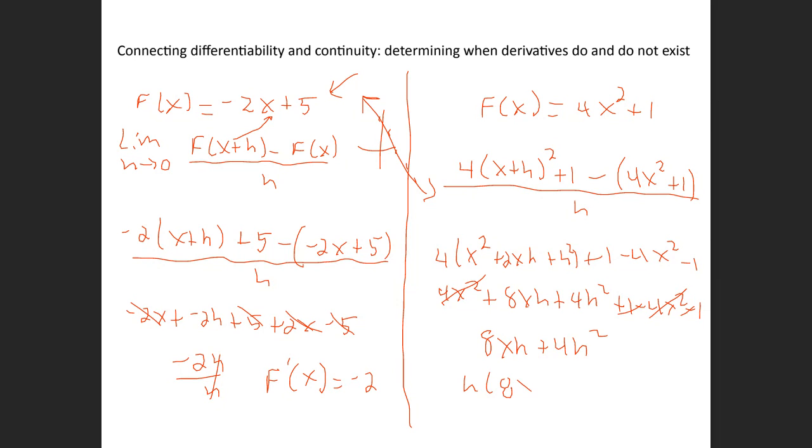So I've got 8x plus 4h, as the limit as h approaches 0. Well, if h approaches 0, 4 times 0 is 0. I'm left with 8x. And I knew it was going to be 8x because I can do these in my head.